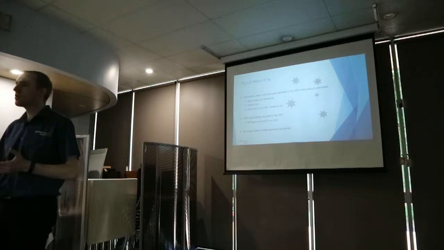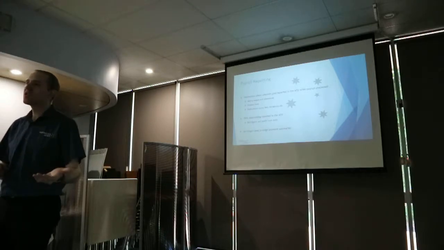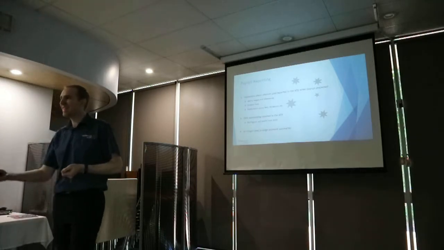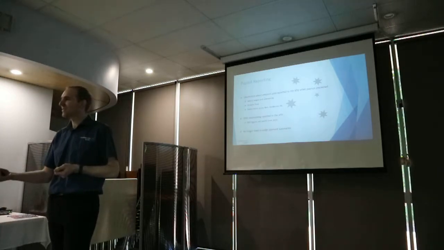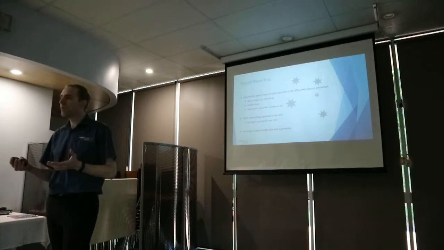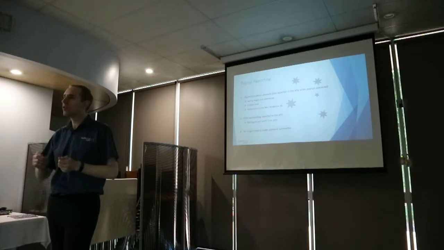You might have situations where a larger organisation might have different payroll softwares for different staff. There is that possibility you could have some staff that you're giving payment summaries to, some staff you're giving Single Touch Payroll data to, or there could even be one staff member who gets their reportable fringe benefits on a payment summary and their salary and wages through Single Touch Payroll. The important thing there is not to duplicate.